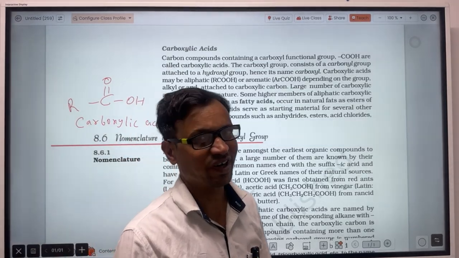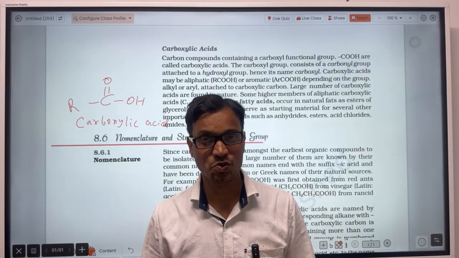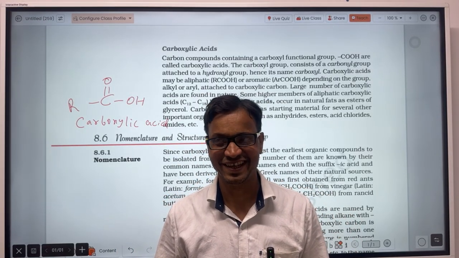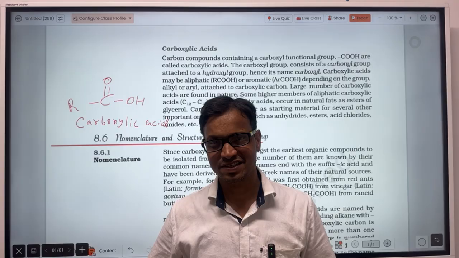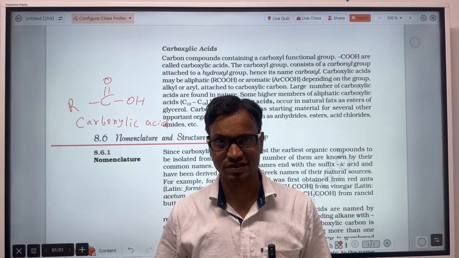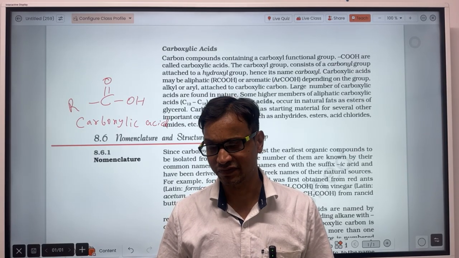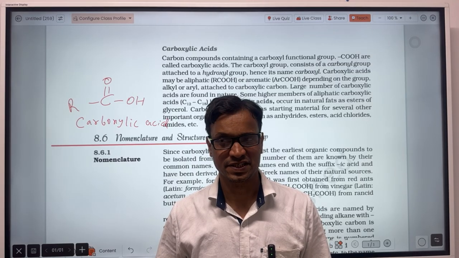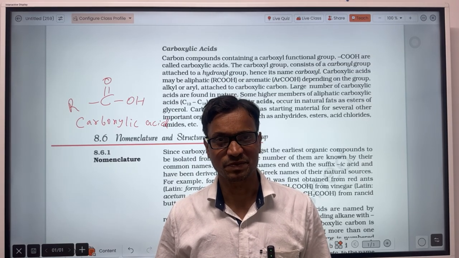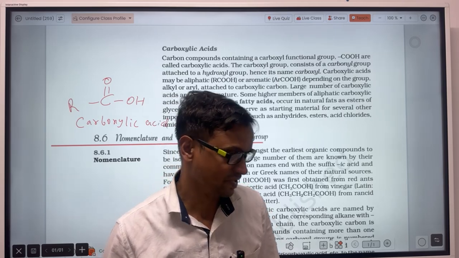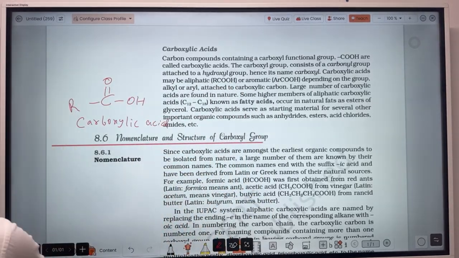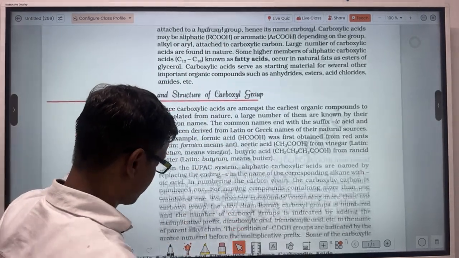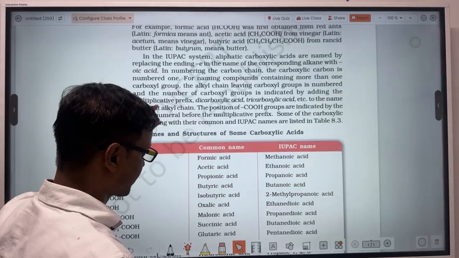Carboxylic acid is one of the earliest known compounds, and that's why a number of carboxylic acids have been named by common names also. So let's see the nomenclature directly.